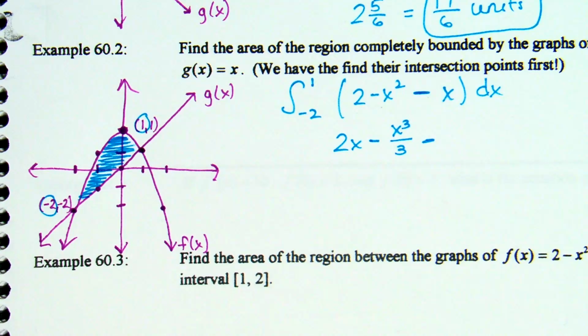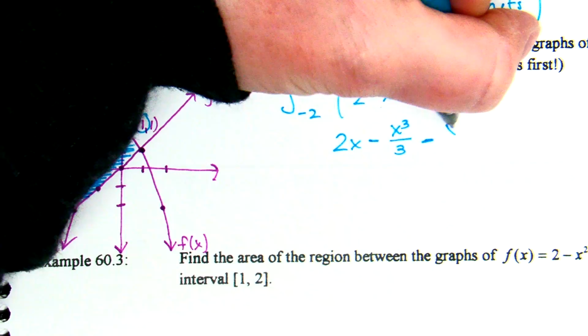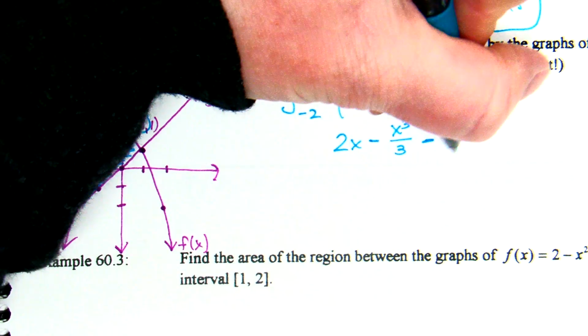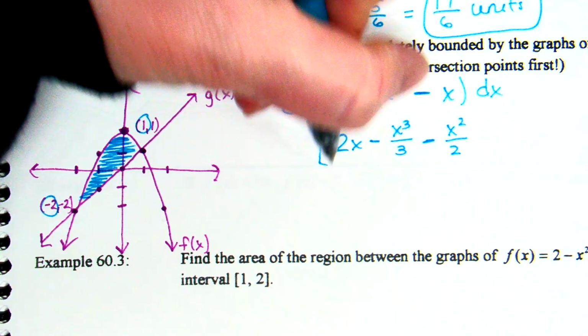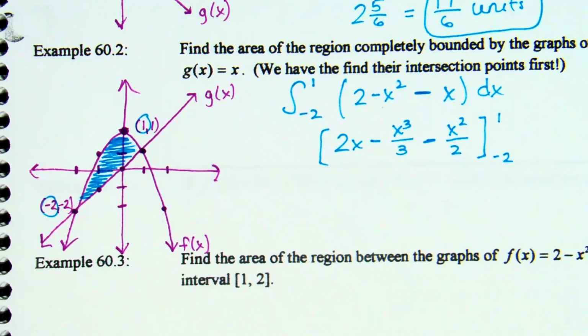Minus x becomes x squared over 2. And then we are evaluating that from -2 to 1. Darn it, no 0 this time. Would have been nice, right?